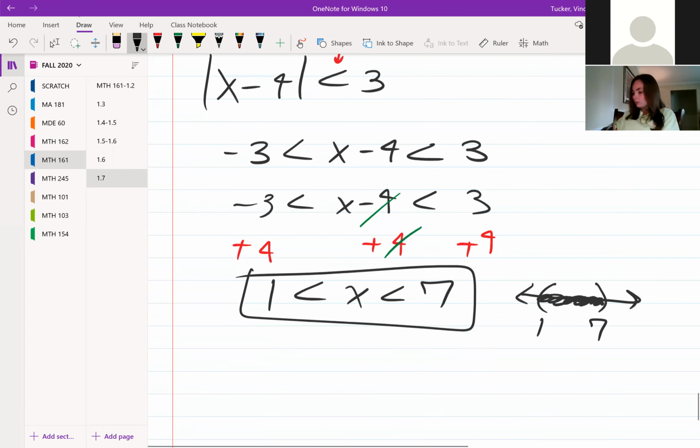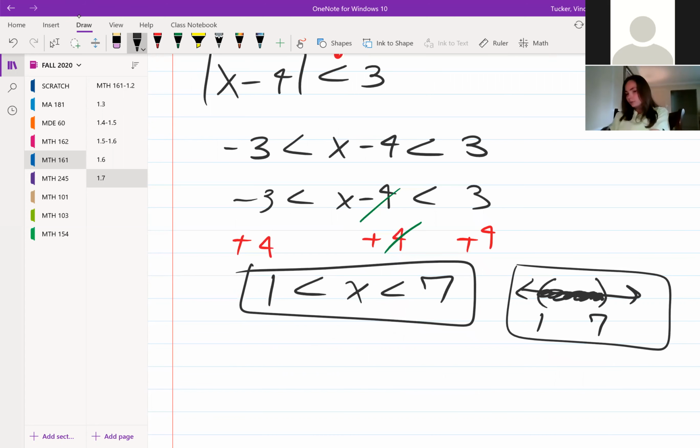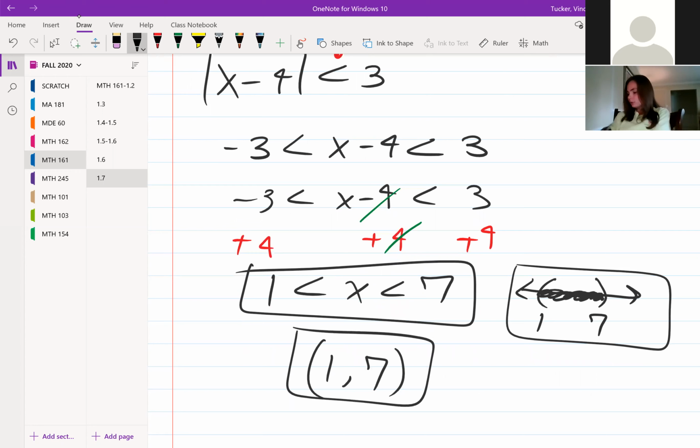And once again, they'll tell you what they need from you. I'm just giving you each piece so you'll get comfortable using them or seeing them.